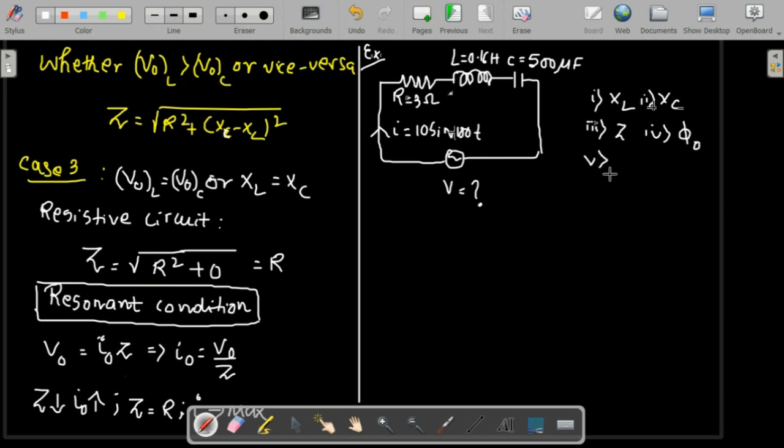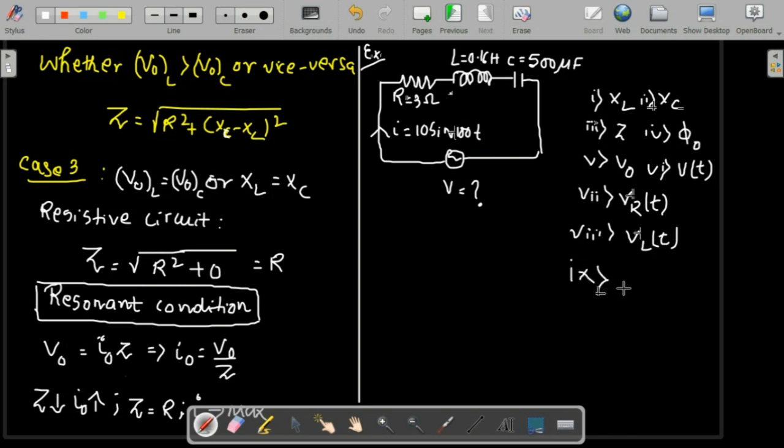Number 5, let's say peak voltage, the relation for this, Vt. What else can we find out? VRT, VLT. So you cannot have a question more than that, or everything we are including here. So you can definitely try to find out all these.